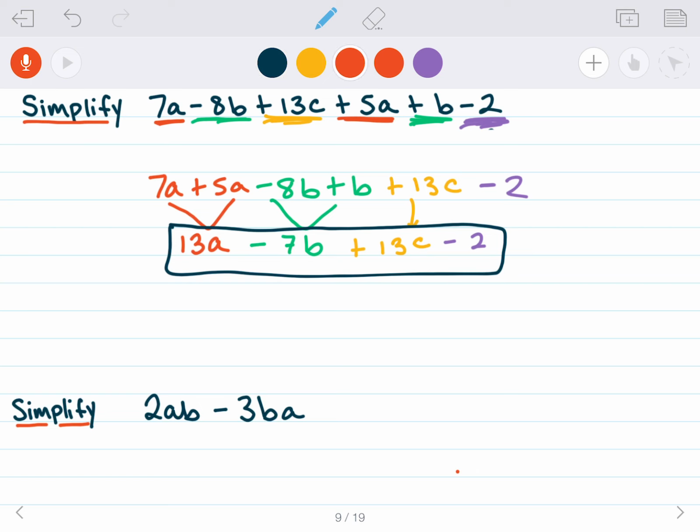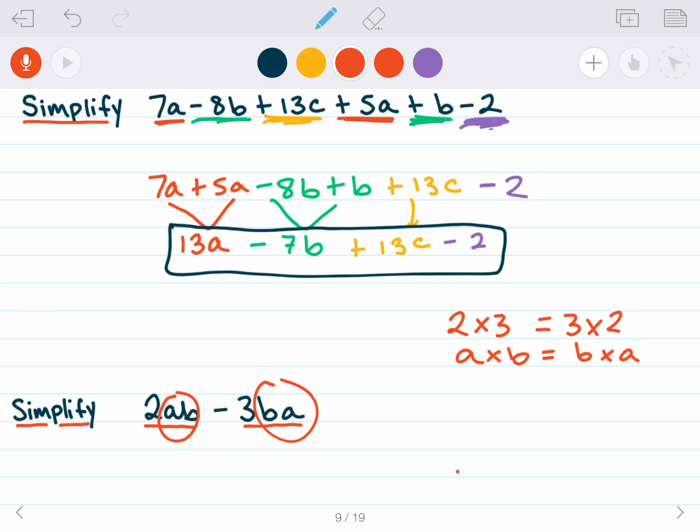We have 2a minus 3ba. Are these like terms? Well, they are, because multiplication commutes. Again, the order doesn't matter. So if I have 2 times 3, it's the same thing as 3 times 2. So here, since I have a times b, that's the same thing as b times a.